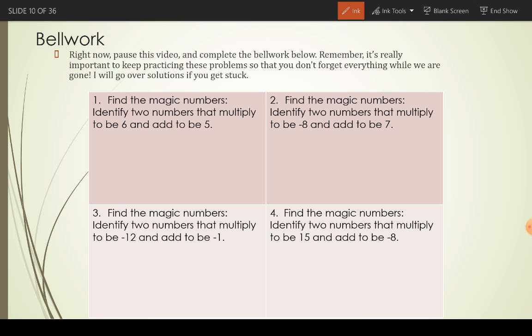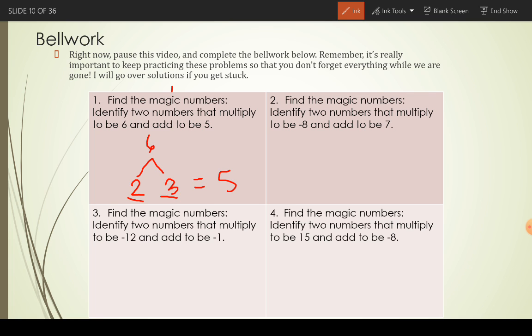So you should have gotten 6, and we need two numbers to multiply to 6 and add to 5. Well, those numbers would be 2 and 3.